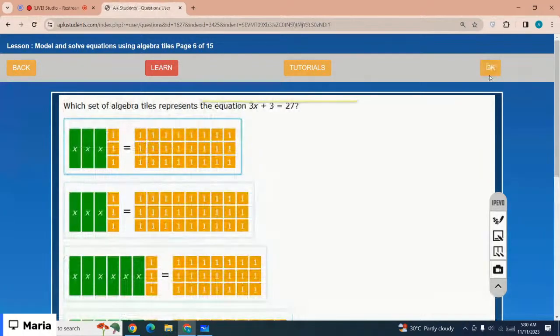Which set of algebra tiles represents the equation 3x plus 3 equals 27? So which is the correct option?